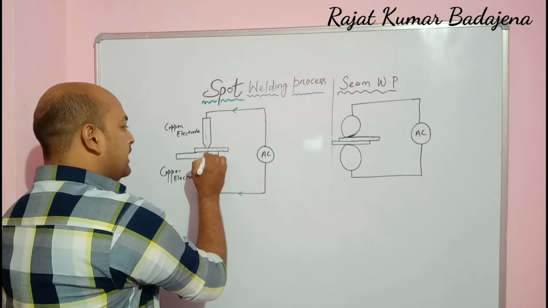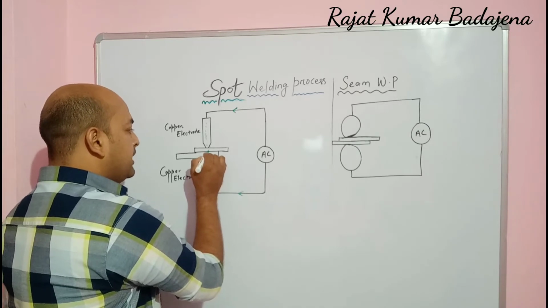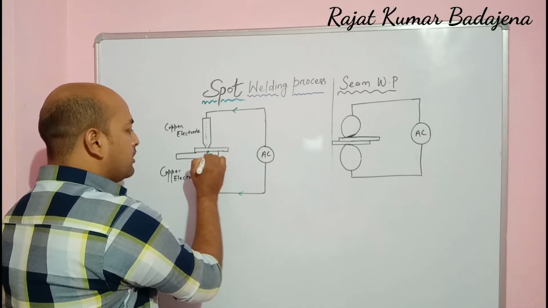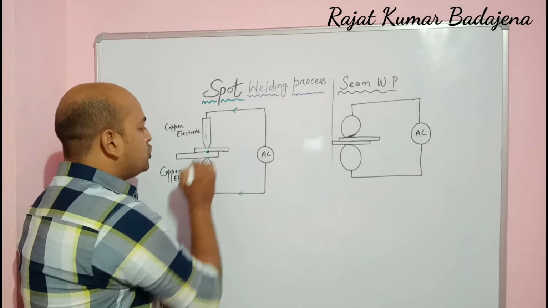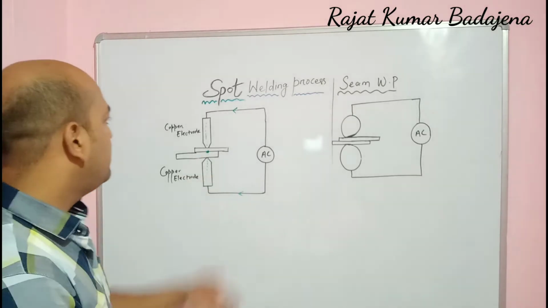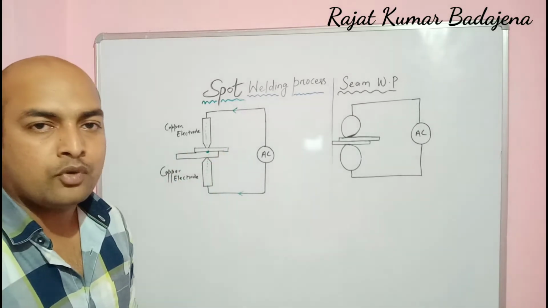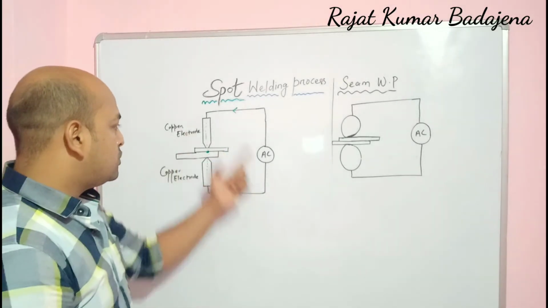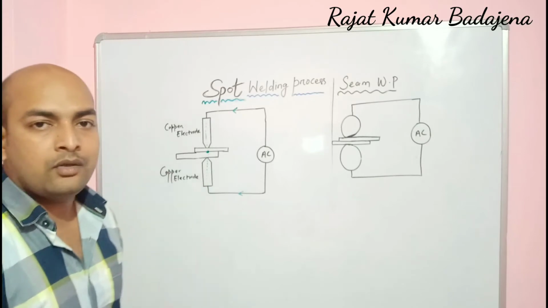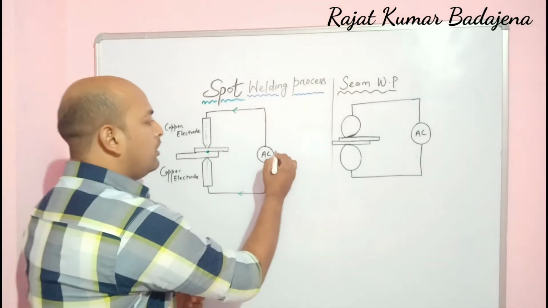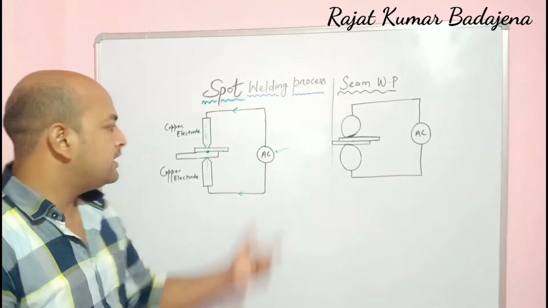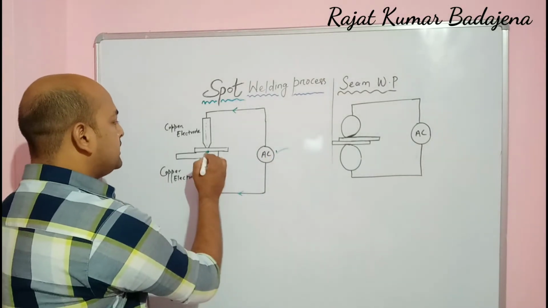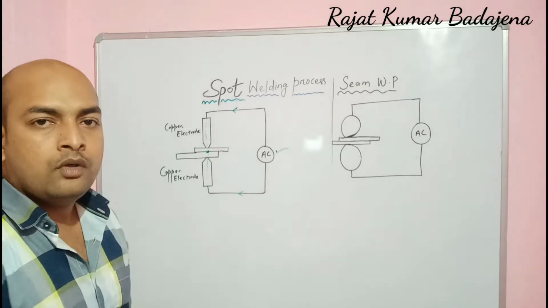Heat will be generated in the middle portion of the two plates, and there will be a joint by the help of the spot welding process. This total work is carried out due to the current supply, which makes it able to spot weld between the two plates.